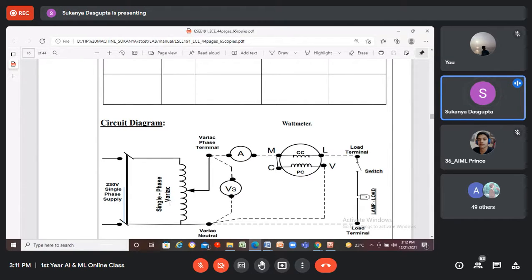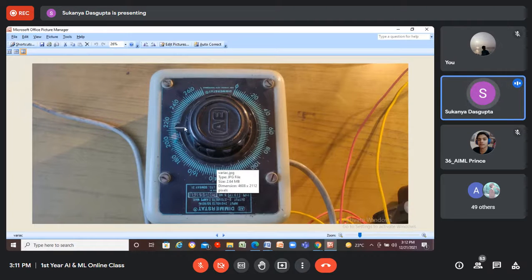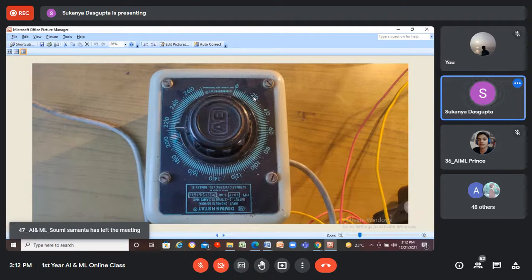But this is mainly used to vary this AC supply voltage. By varying this knob, you will be able to vary the supply voltage. Here, different markings are there, starting from 0 to 260. But this 20 marking over here does not signify that it refers to 20 volt.